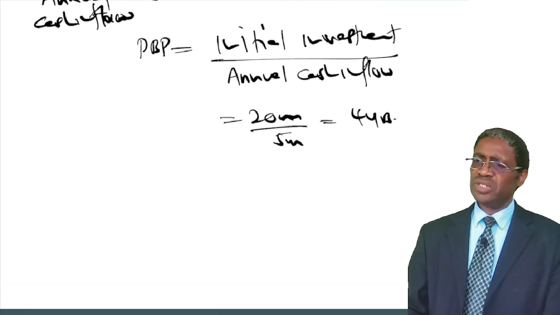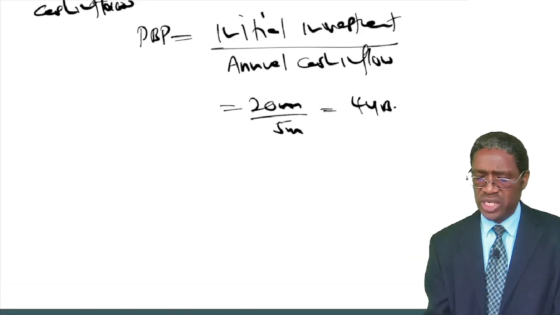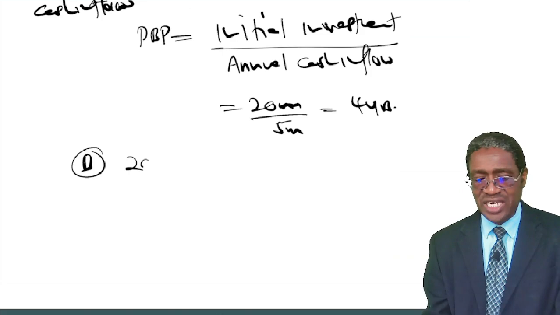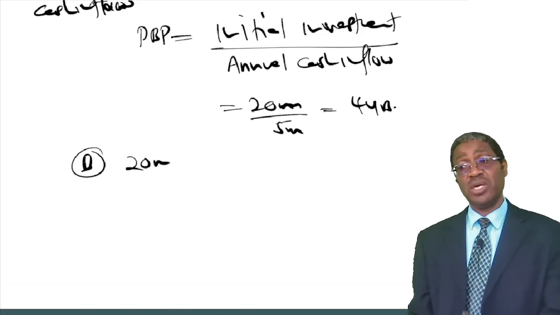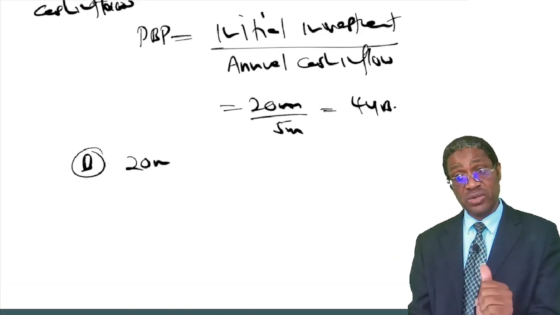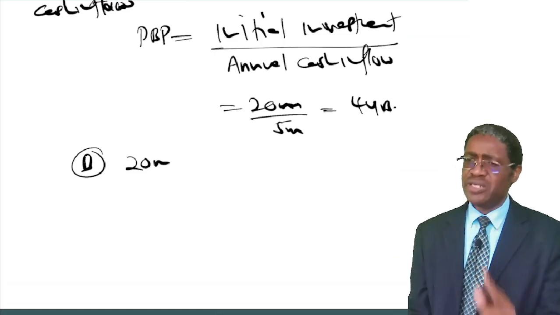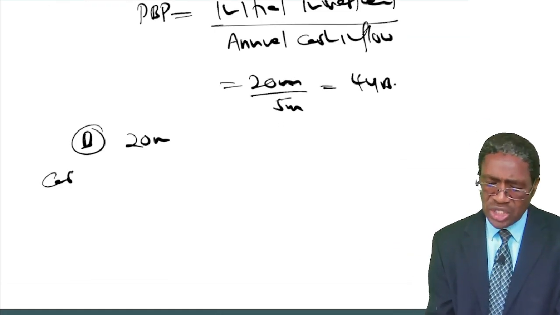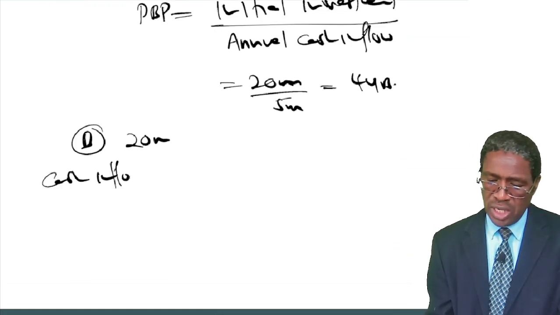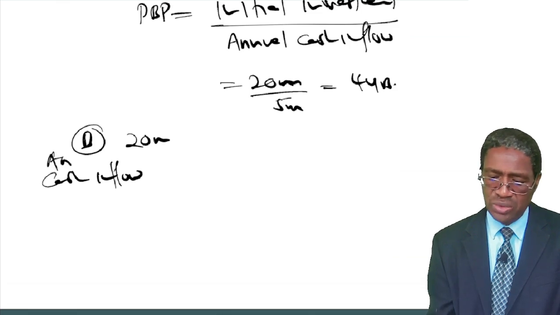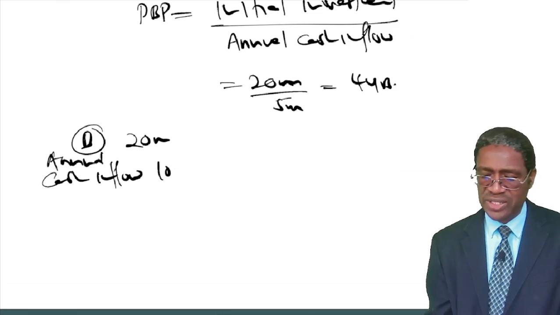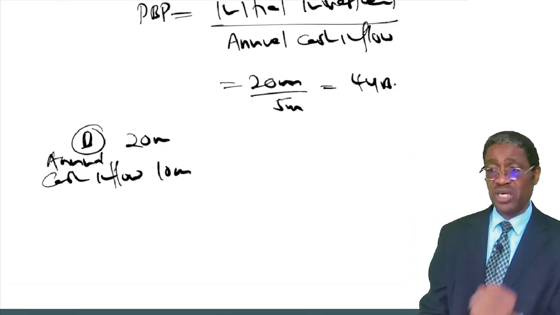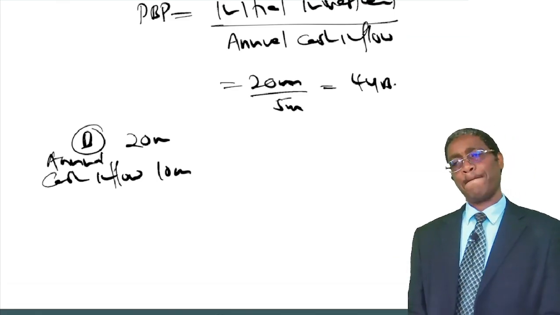Let us assume that instead of investing in project A, you could invest in project B, which again has an initial cost of 20 million. But this project B will be giving you an annual cash inflow of, let's say, 10 million every year.